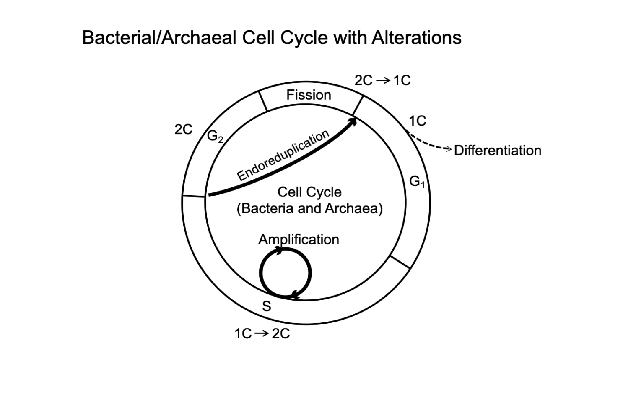So if we go back to the cell cycle, these particular adaptations and changes have to fit within this cell cycle. So here's the normal cell cycle. But if you have endoreduplication here, you can skip the G2 phase, go directly back into the G1 phase, and skip fission, skip division.